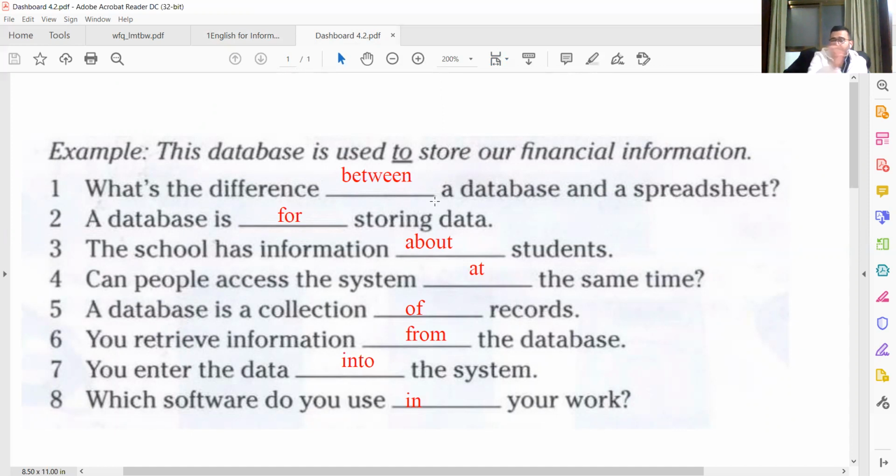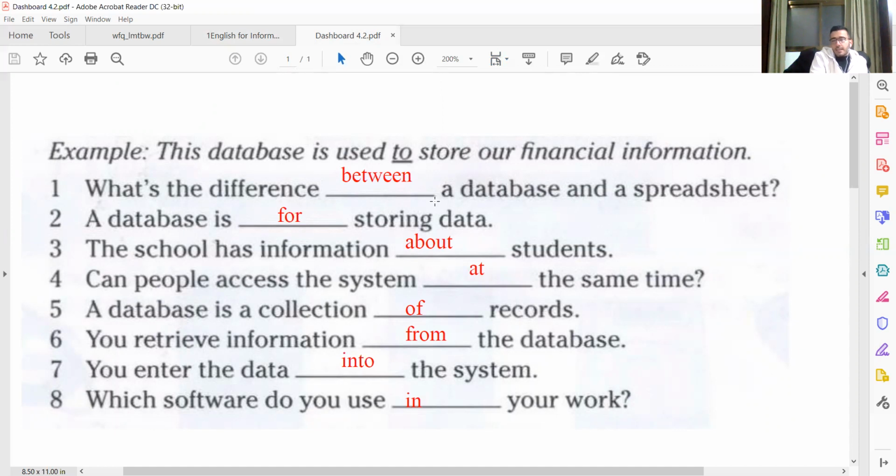We use a database to sort data. Sorry, not sorting, for storing data. Storing, not sorting.